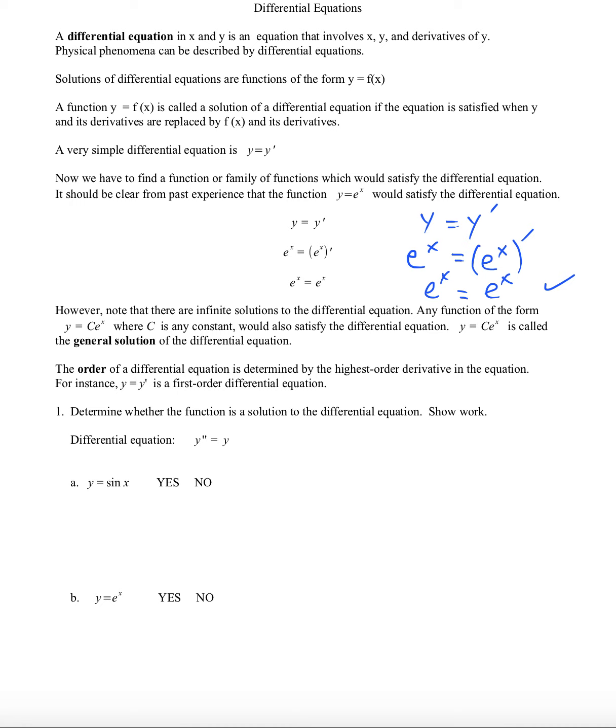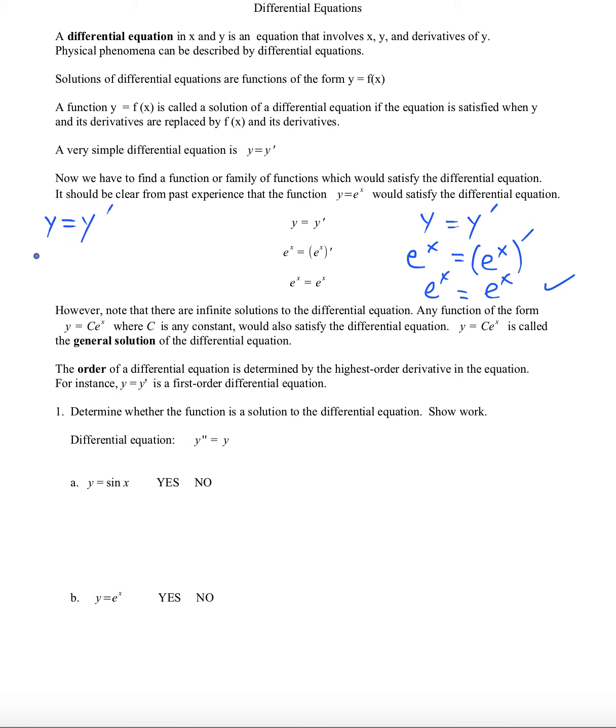However, we have to keep in mind that there can be infinite solutions to a differential equation in many cases. Any function of the form y equals c e to the x, where c is a constant, would also satisfy this differential equation. Let's see why that might be the case.